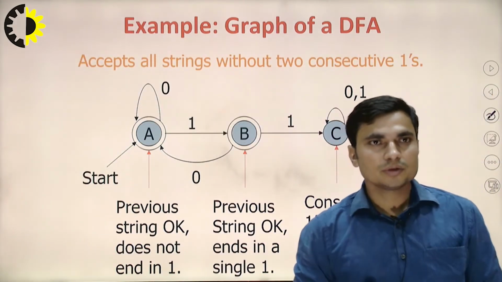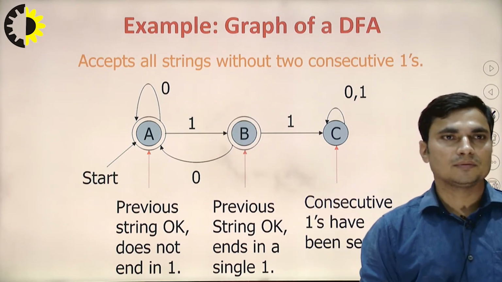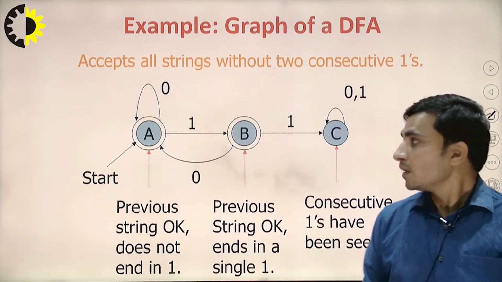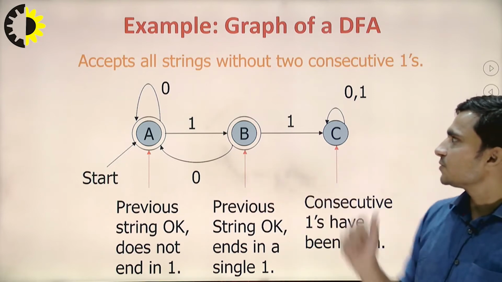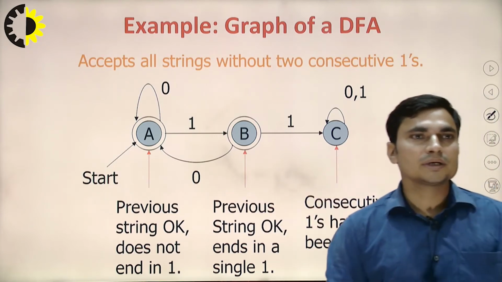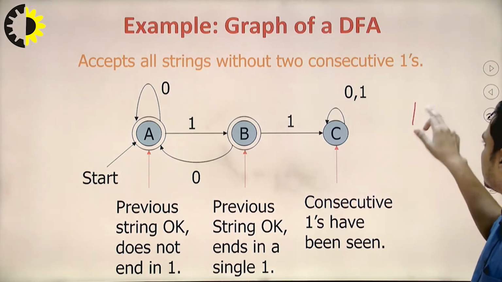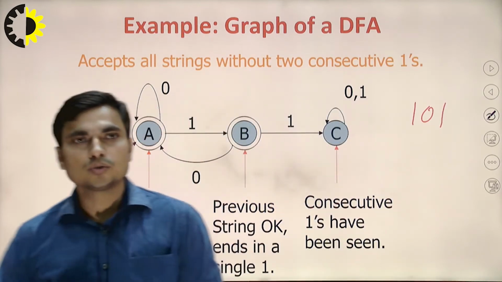Now, what we generally do with a DFA is check whether a particular string is accepted or not. Just take an example of this DFA. This DFA accepts all strings without two consecutive ones. If we have a string like 101, you can see that it does not have two consecutive ones.